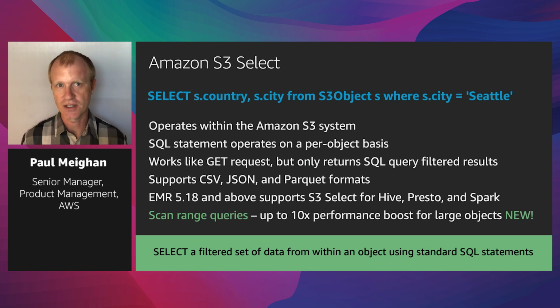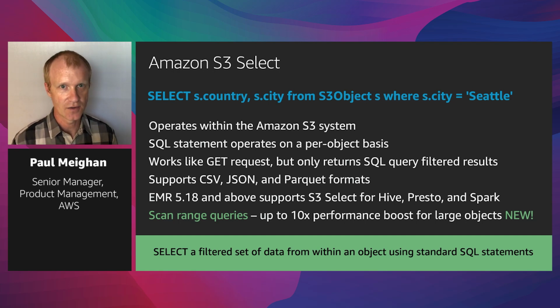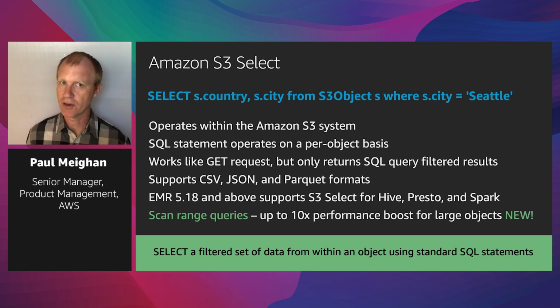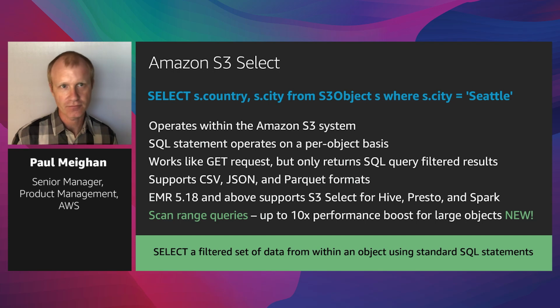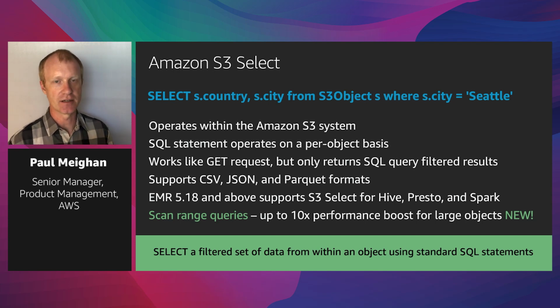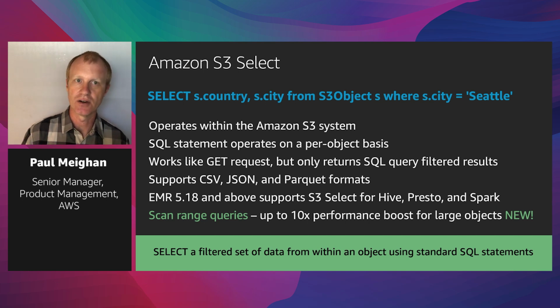This can speed you up considerably if you just need a tiny little slice of an object. You can run an optimized select statement against that CSV file, for example, and just bring back that one row. That's a lot less to bring back over the network. There's a lot less for your app to process. And it can speed you up considerably if you have that CSV, JSON, or Parquet that you want to basically run SQL queries against.